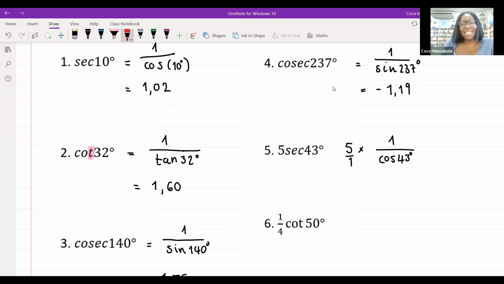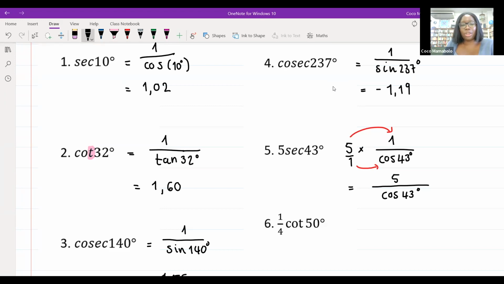I'm going to multiply the top with the top, and the bottom with the bottom. So when I put this into my calculator, 5 times 1 will be 5 over 1 times cos of 43, which is just cos of 43 degrees. So that's how you're going to put this into your calculator.